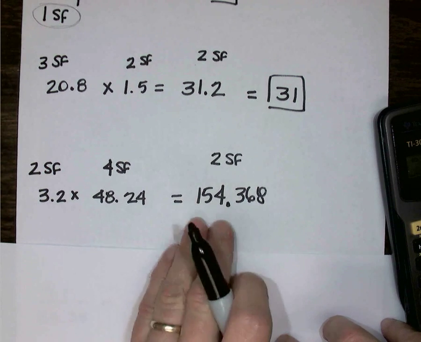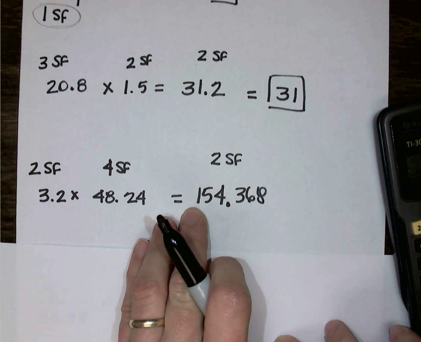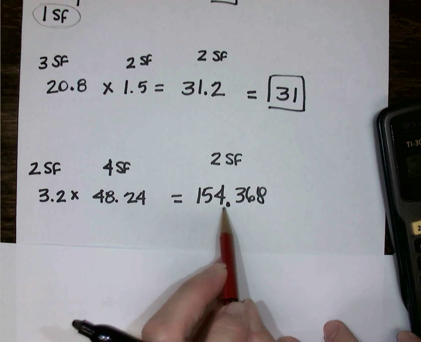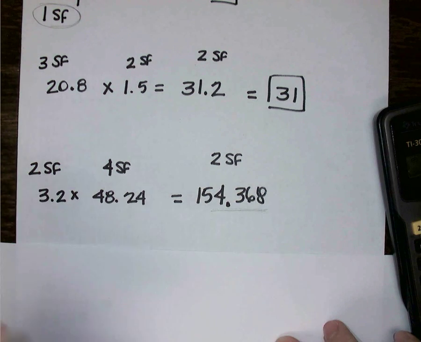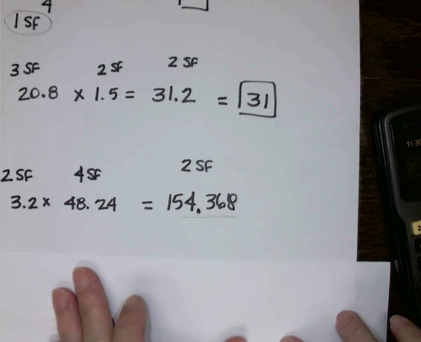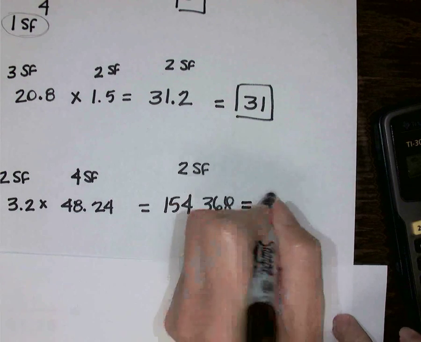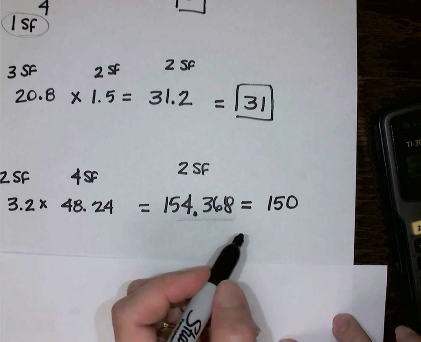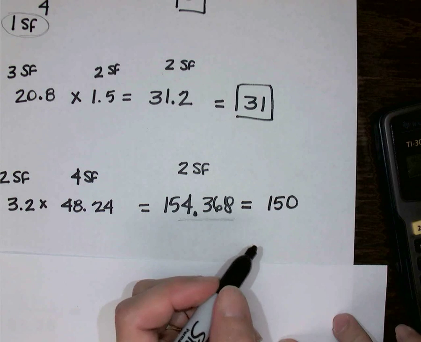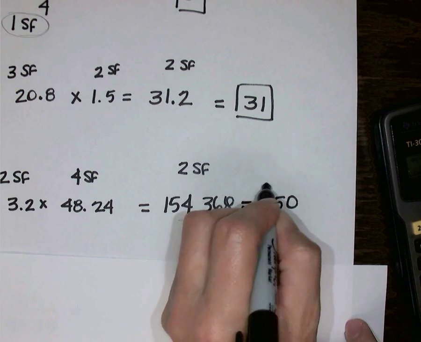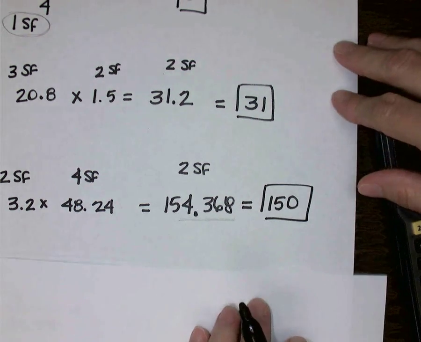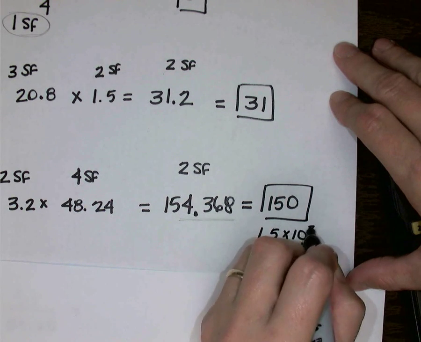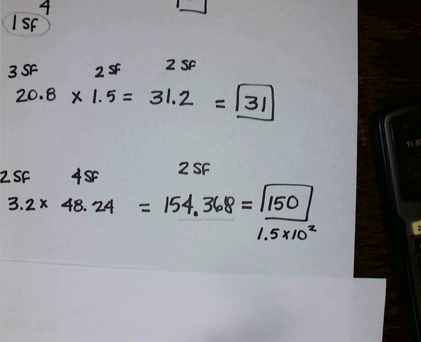And those 2 significant figures are going to be in the hundreds place and the tens place. So I am going to round 4.368. That is going to round down. So I am going to report my answer as 150. I am not going to underline my 0 because the 0 there is not significant. Alternately, if I chose, I could express this answer as 1.5 times 10 to the second power, and that would be equally correct.